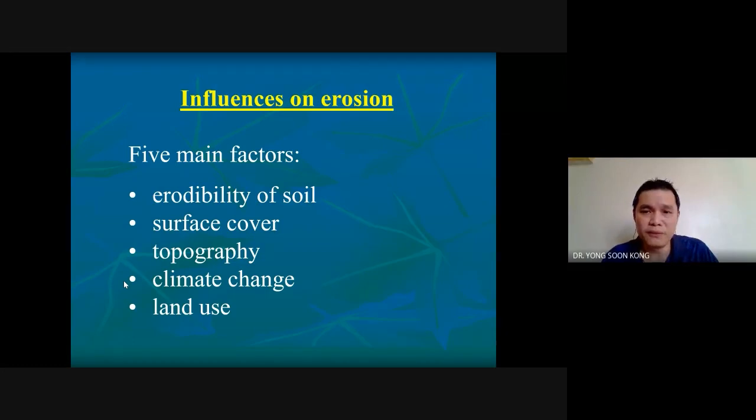Okay, influence of erosion. So we are done with the mechanics, or the steps involved in wind erosion. I did not really show you the landscape as a result of this wind erosion because the result of wind erosion in Malaysia is obvious only in some large landscapes.